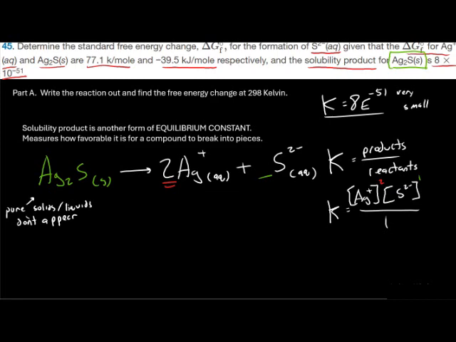Now, what we can do is find the free energy change for this process of Ag2S breaking into pieces. The equation is delta G standard equals negative R times T times natural log of K. Let's remind ourselves that the R is going to be 8.314 times 10 to the negative 3rd kilojoules per mole Kelvin.